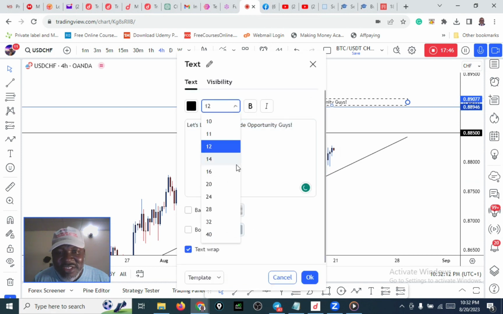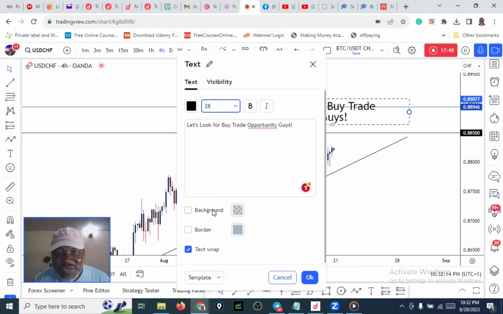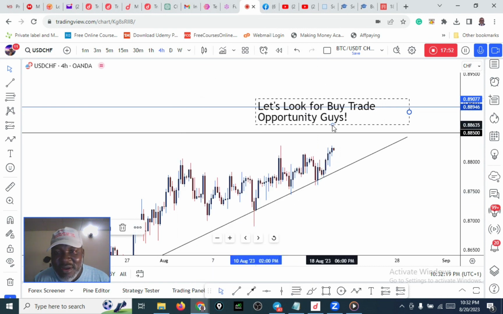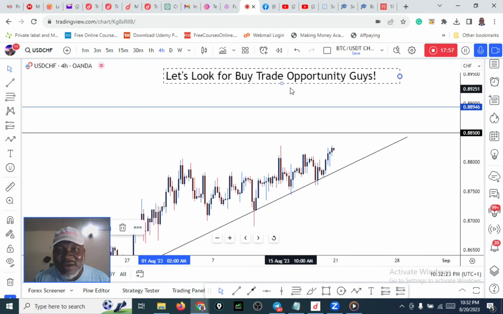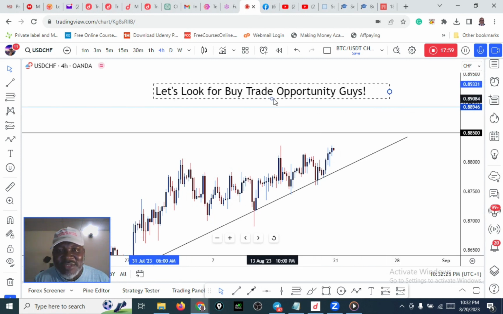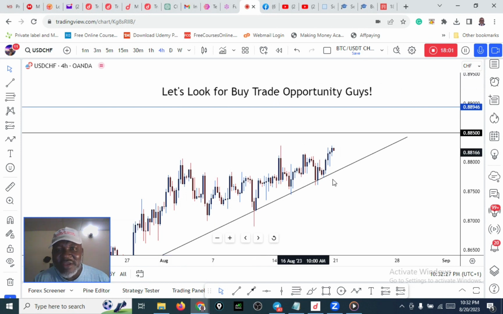Let me increase this to 28. That's it. So this is our directional bias, guys. We're looking for a buy opportunity in this trade.